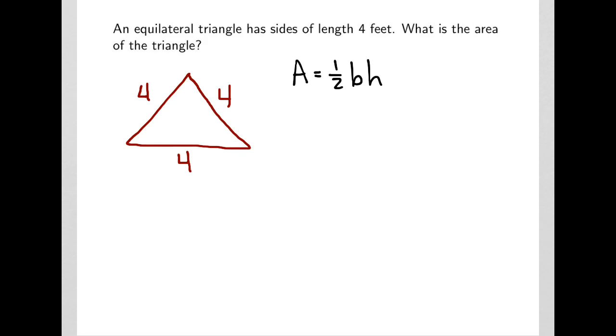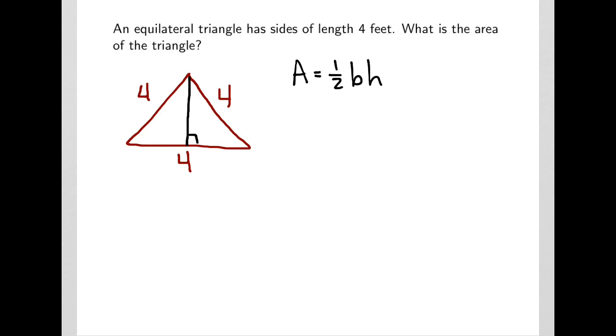The reason that this is in our trigonometry questions is that we actually don't know the height. If I were to think about the height, it is this length from the base to the tip, where I form a right angle.